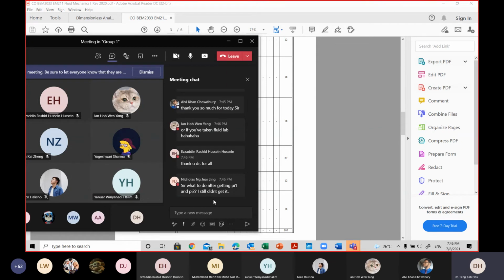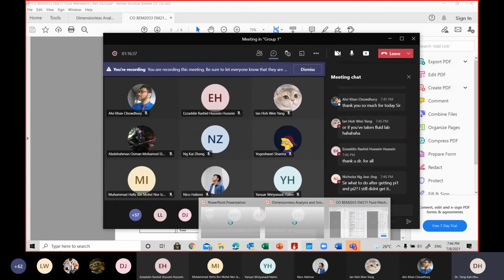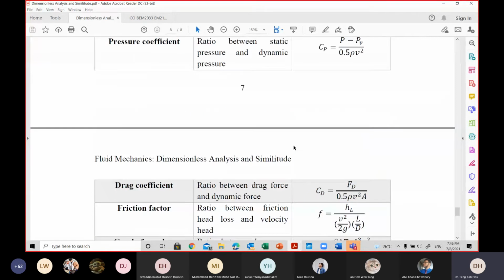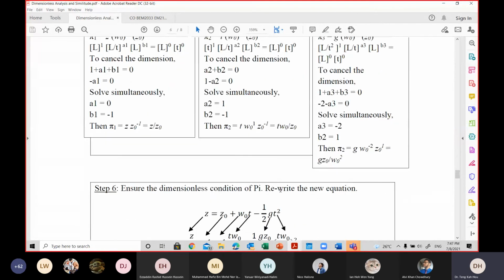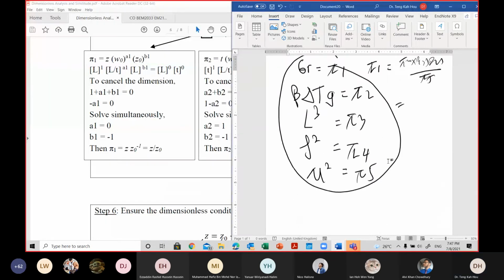What to do after getting pi 1 and pi 2? After you get pi 1 and pi 2, it is your step 6, am I right? So as I explained, again, please ask me when you don't understand, okay? Don't hesitate. When you get your pi 1, pi 2, and pi 3, as I explained, there are 2 ways.